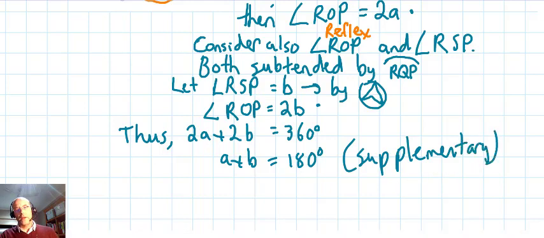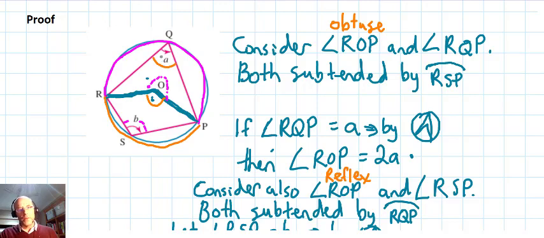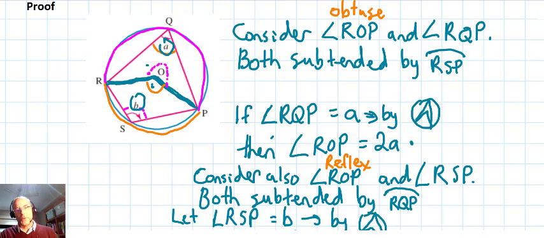Are they the angles we want? Are they opposite angles of a cyclic quadrilateral, A and B? Well, there's A, there's B. And so we do have opposite angles of a cyclic quadrilateral equaling 180, i.e. supplementary.